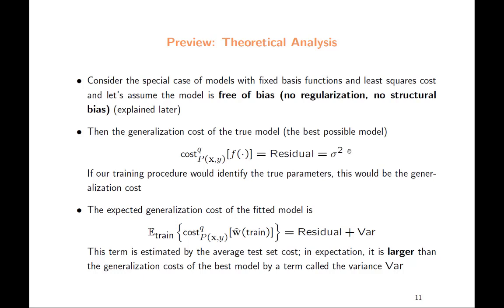As we discussed before, if at every instant nature adds some disturbance or noise to the prediction, then it's impossible to predict that noise, and there's nothing we can do about it. So even the best possible model f of x, a model which perfectly matches the function f, would have this residual error. This is the noise essentially.